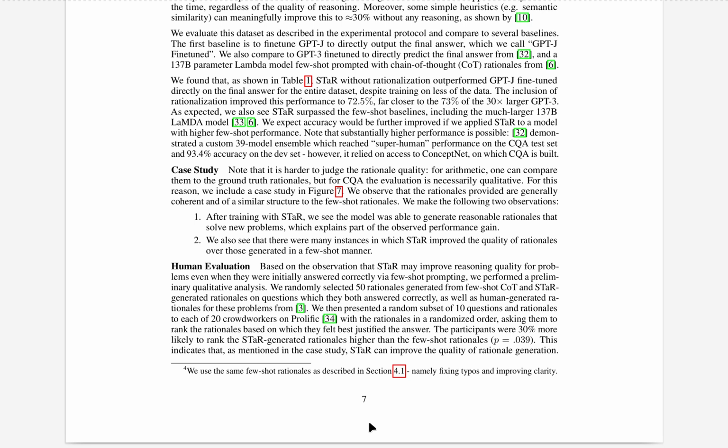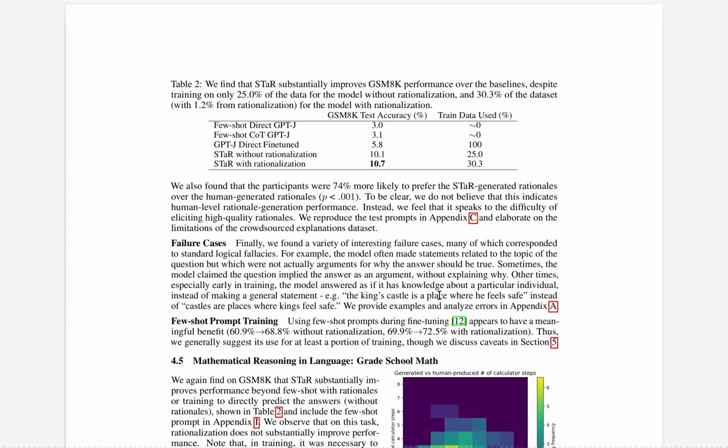This indicates, as mentioned in the case study, that STaR can improve the quality of rationale generation. Table 2 shows STaR with rationalization outperforming other models. We also found that the participants were 74% more likely to prefer the STaR-generated rationales over the human-generated rationales.